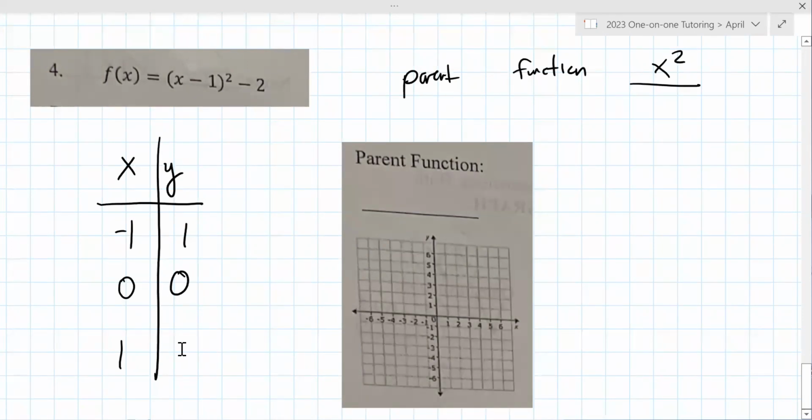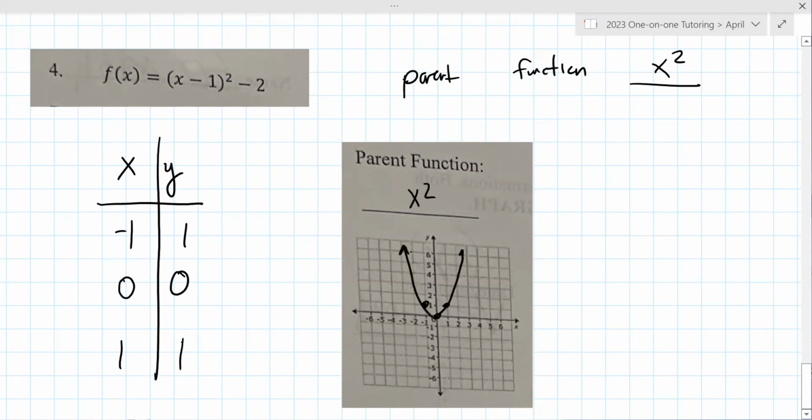Look at the position down there. Yes, that is 1. Good. And we're going to plot the 3 points.